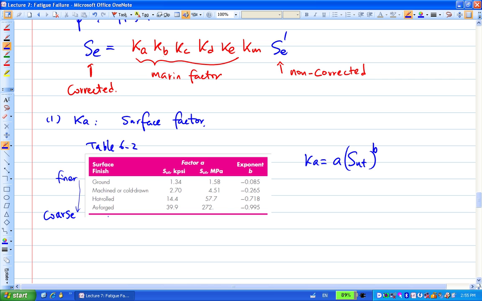Remember where fatigue starts? The fatigue process always starts from a crack initiation. If everything is very finely surfaced, compared to one with bumps and holes somewhere in the part, the second one is more prone to crack initiation for sure. So that's the reason here.